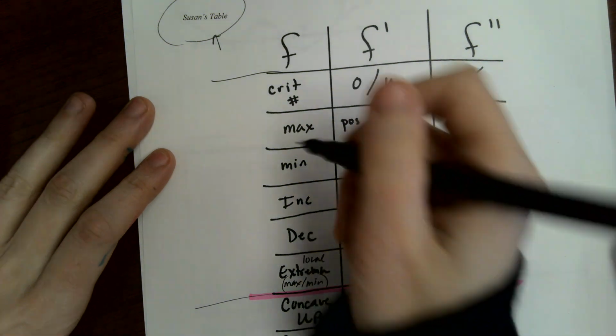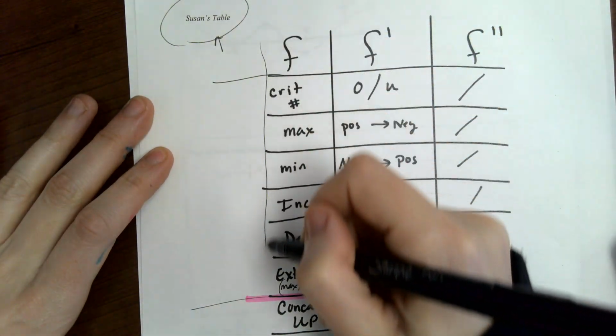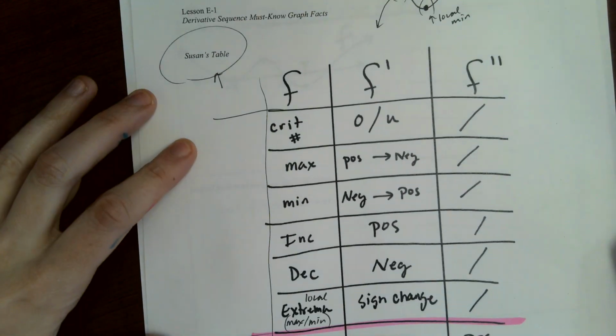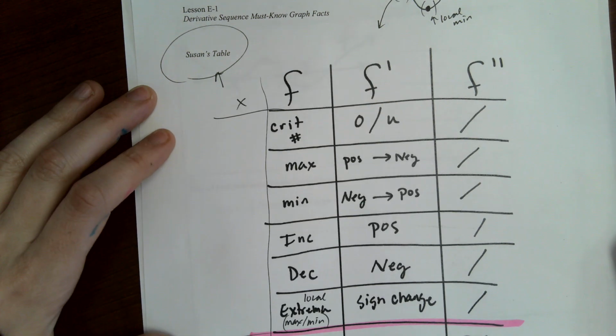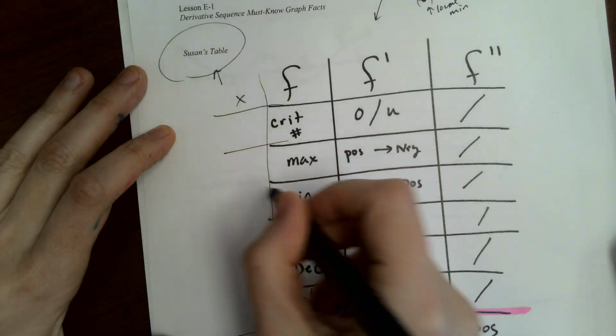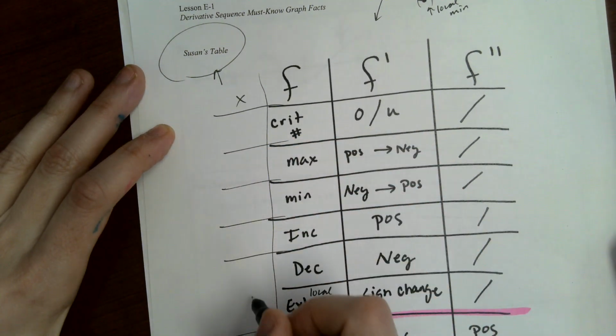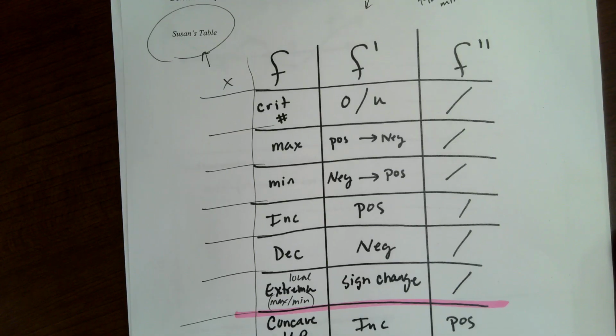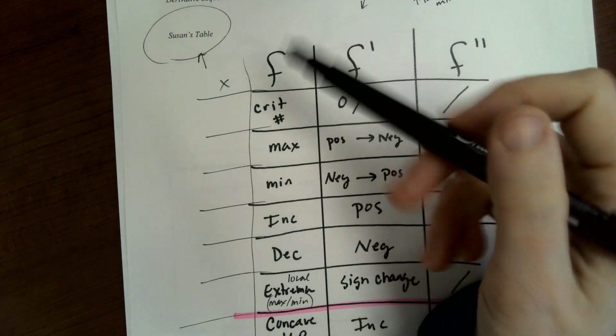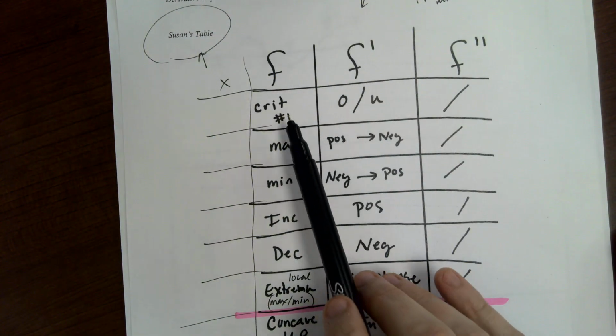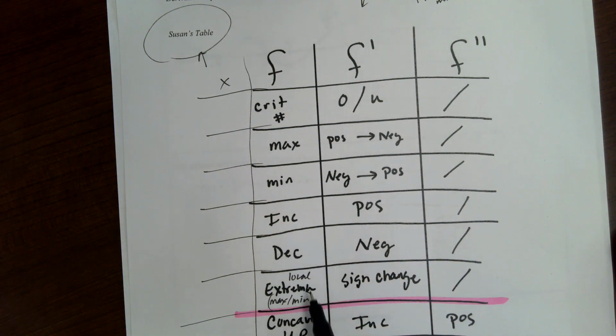And so let's add in here, guys, another column at the beginning, and this will be x's. I just want to say what we're looking for, if we're looking for any of these features algebraically, using calculus methods.